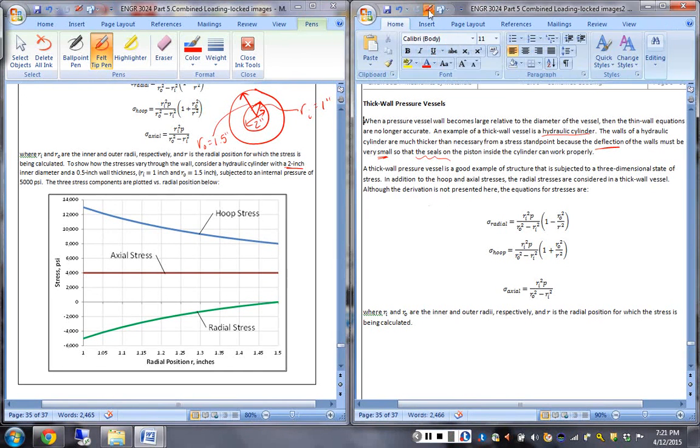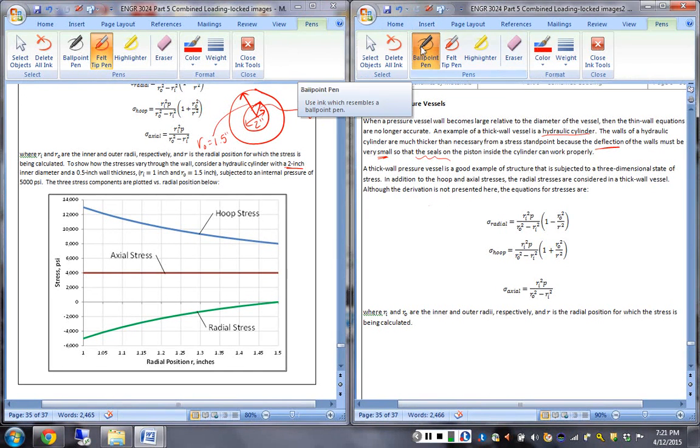And back over here are our governing equations, where all three of them have this same initial term. We have the inner radius squared times the pressure over the difference between the outer radius squared and the inner radius squared.